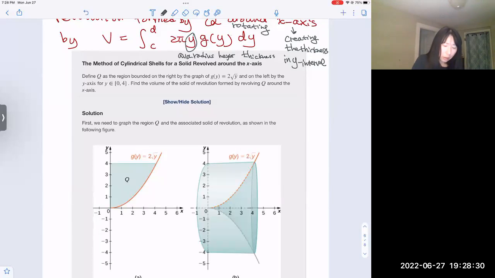So this is the axis, and this is the thickness.